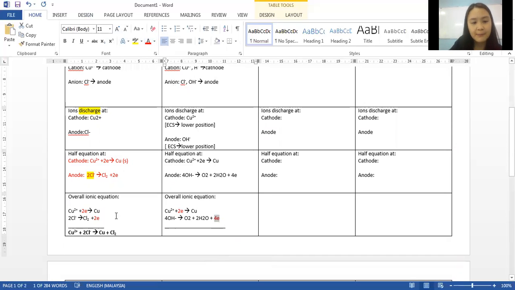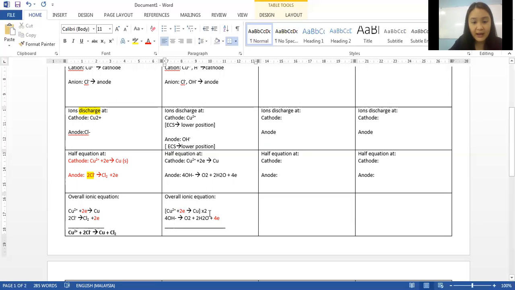In my first example, the number of electrons is the same, so you can cancel straight away. However, in this situation, your number of electrons is different, so you couldn't cancel them straight away. You need to do a modification. I will times this whole first equation by 2, to make the electrons the same number as below.